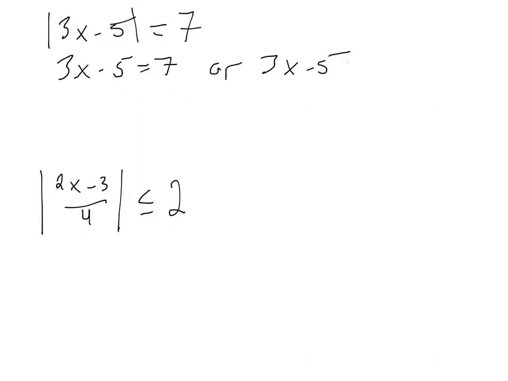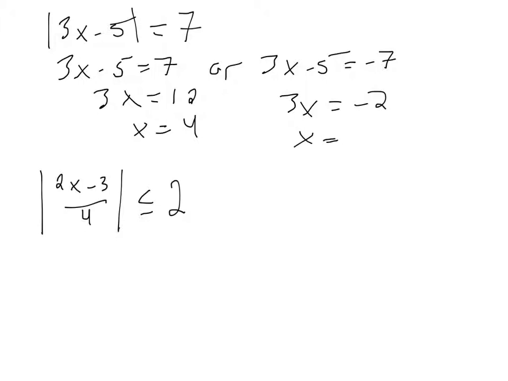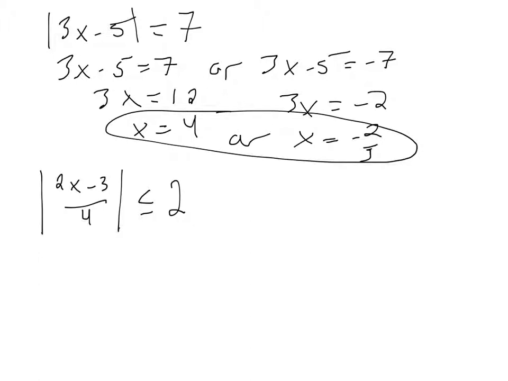That's the only way that would be possible, right? And then we can just go ahead and solve each of these separately. So we'll get 3x has to be equal to 12, so x could equal 4. Otherwise, 3x has to equal negative 2, which means x could equal negative 2/3. So either x equals 4 or x equals negative 2/3, right?